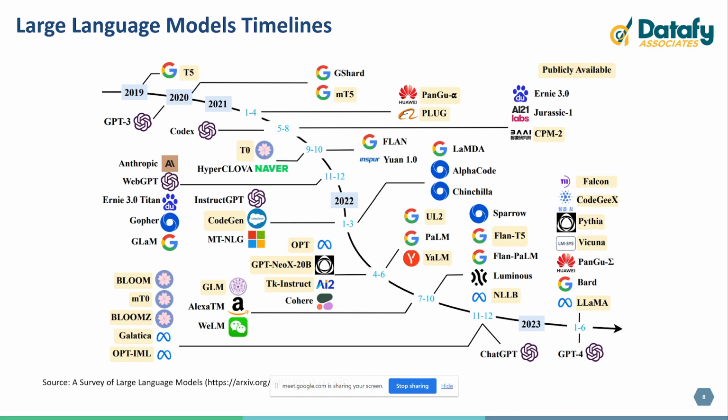So let's go quickly through the history, or survey, of large language models. It started back decades ago, but it really started having some form of usable models in 2019, and a lot of people came to know about these models when OpenAI released GPT-3 back in 2020.